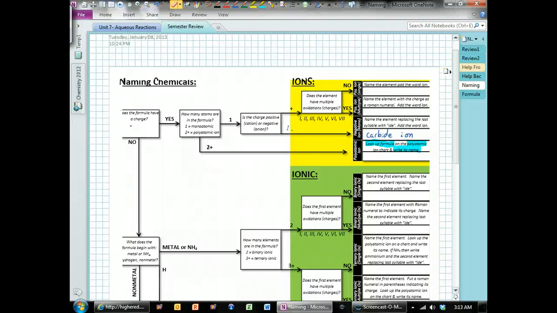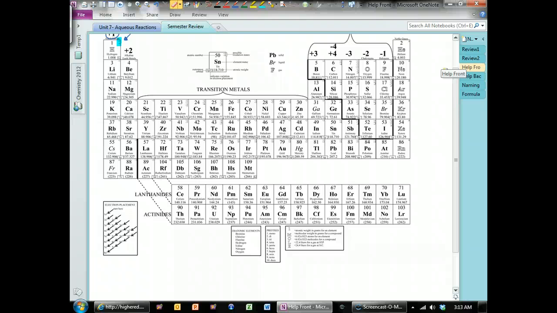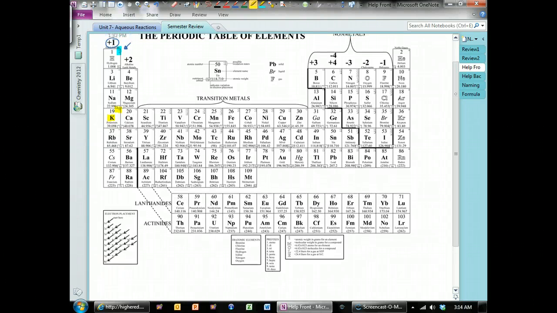The way we know it's a single oxidation state is by going to the periodic table, finding the element, and seeing that it only has one possible oxidation state, which is +1.